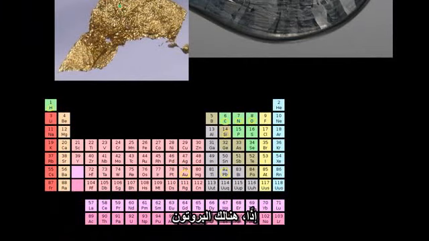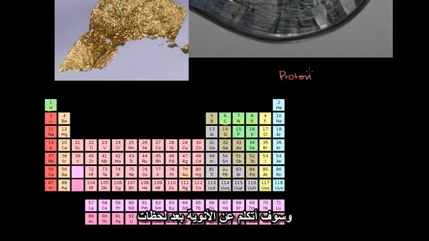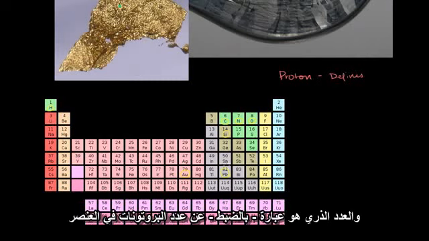So you have the proton. And the proton is actually the number of protons in the nucleus of an atom. And I'll talk about the nucleus in a second. That is what defines the element. When you look at the periodic table right here, they're actually written in order of atomic number. And the atomic number is literally just the number of protons in the element.